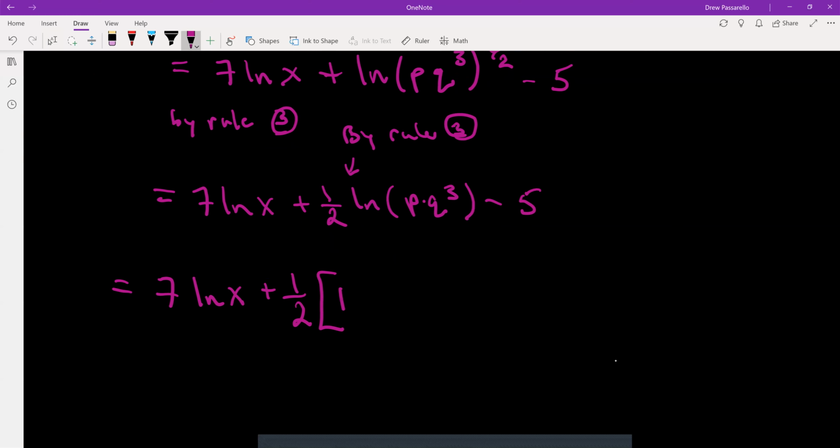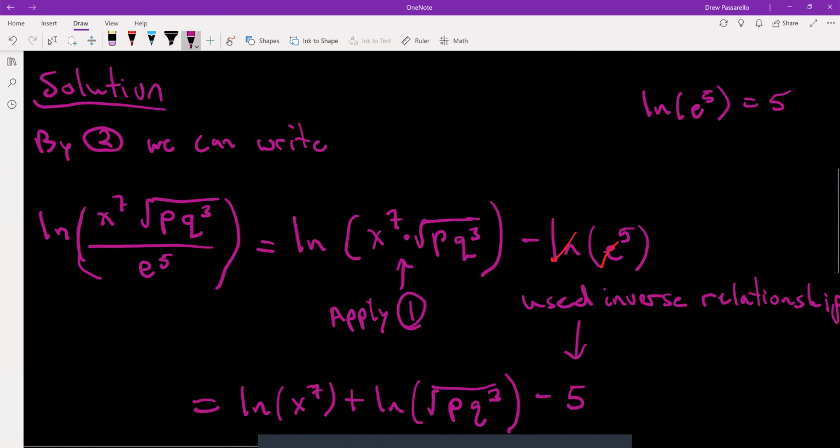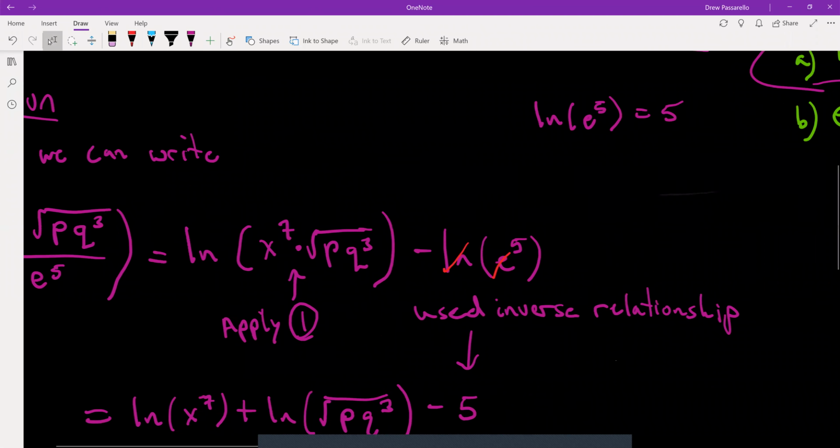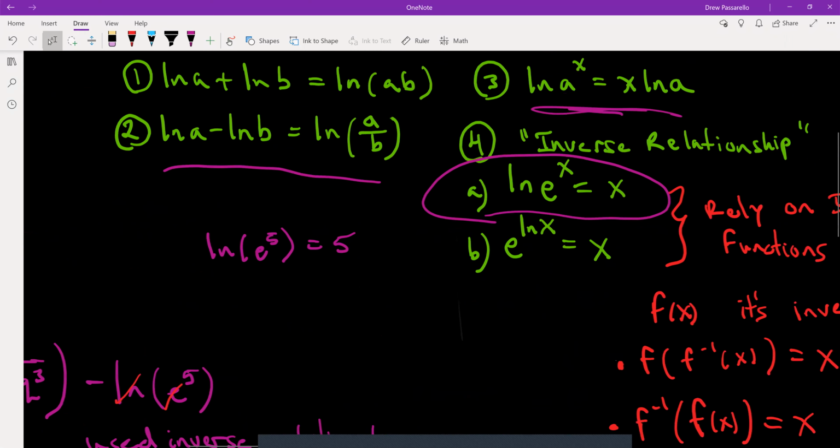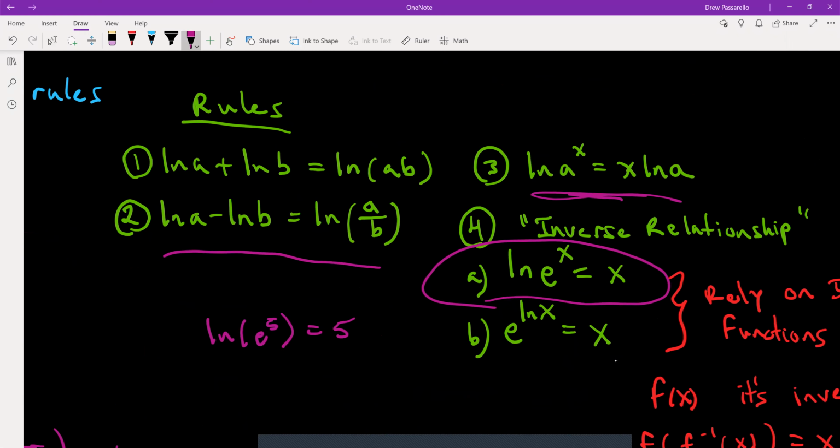So it's the natural log of p plus natural log of q to the third. And I still have minus 5. And so that plus comes from when I have multiplication inside a single logarithm. I'm using rule 1.